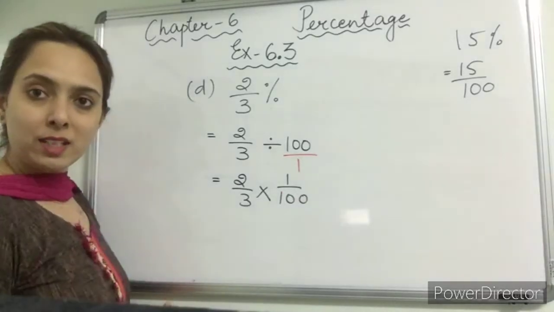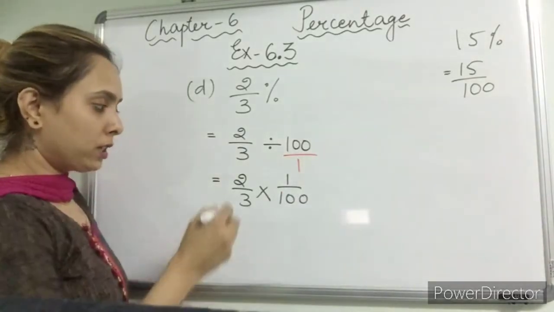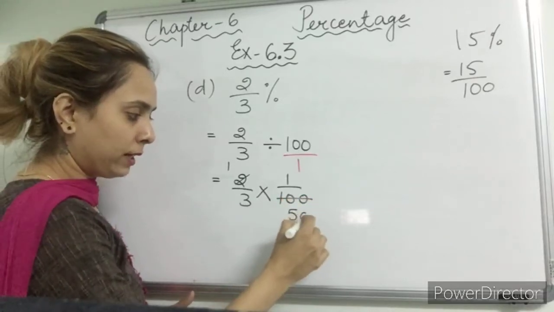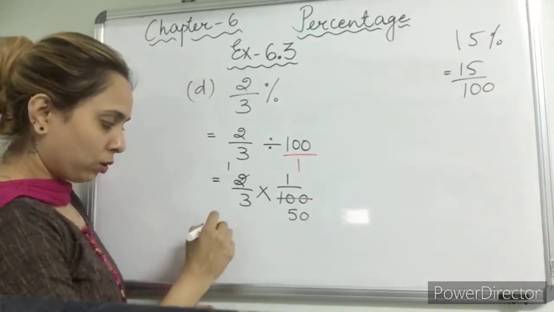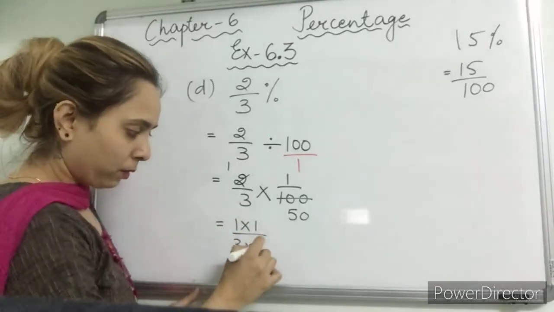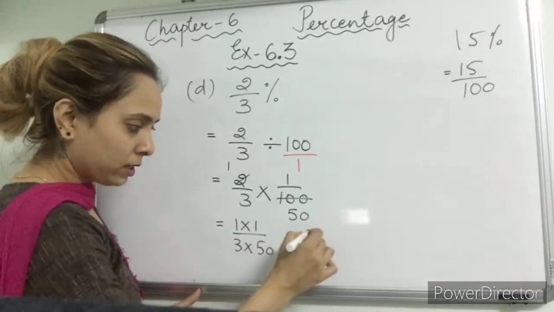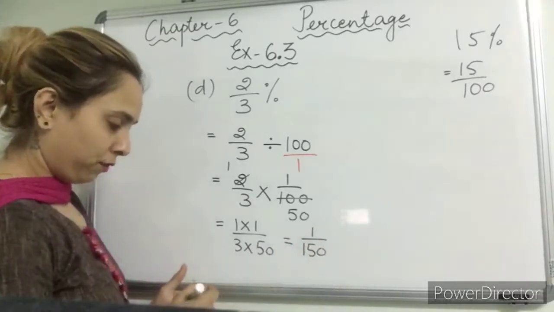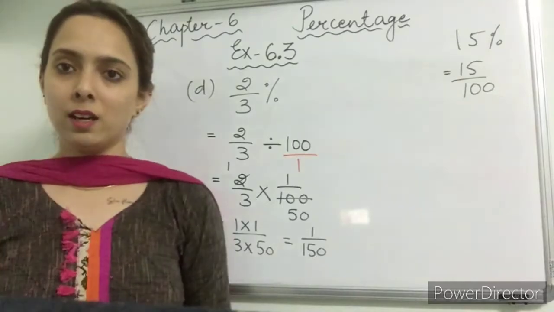I hope it is clear till now. Reduce it. 2 1s are 2, 2 50s are 100. So what we have got, 1 into 1, 3 into 50. So the answer is 1 upon 150. This is the answer.